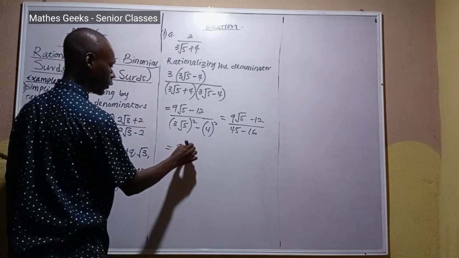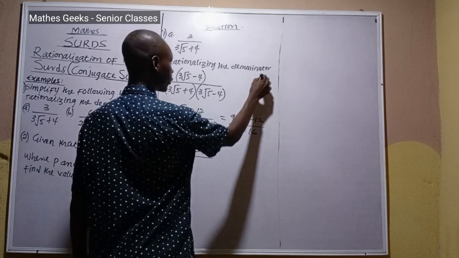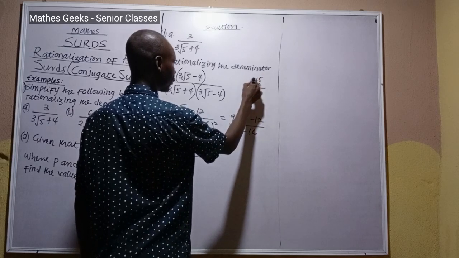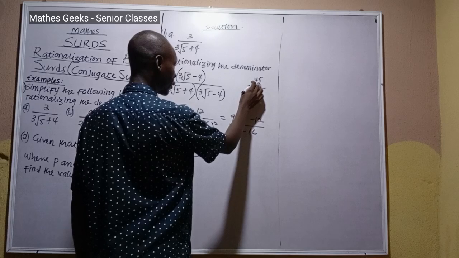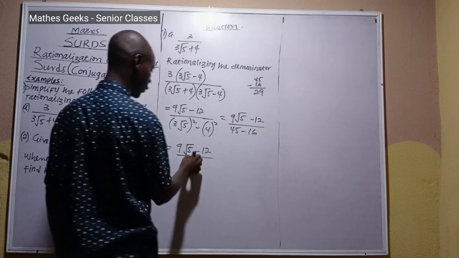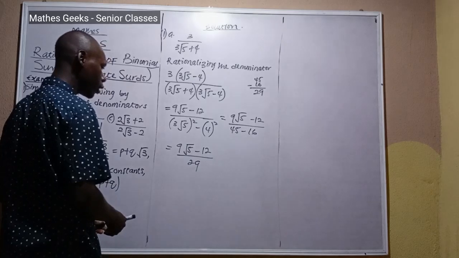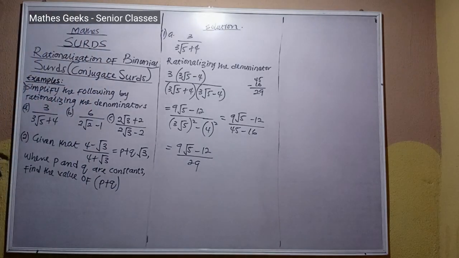So 9 root 5 minus 12 over 45 minus 16, that is 29. Final: 9 root 5 minus 12 over 29.